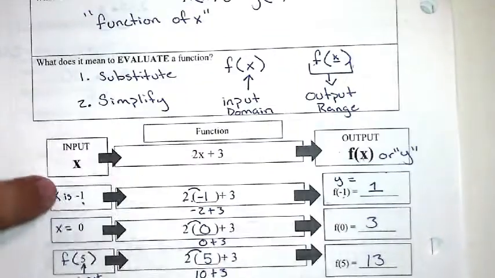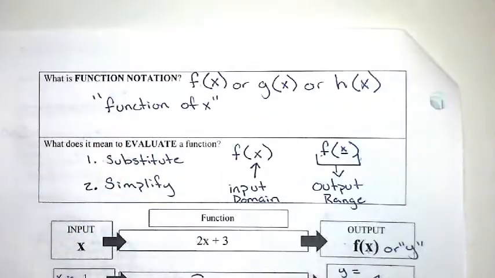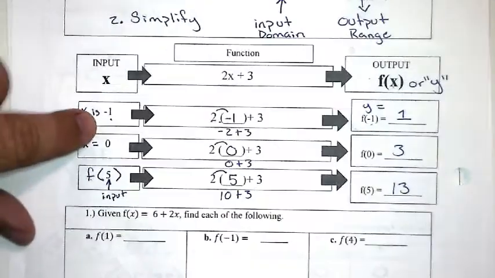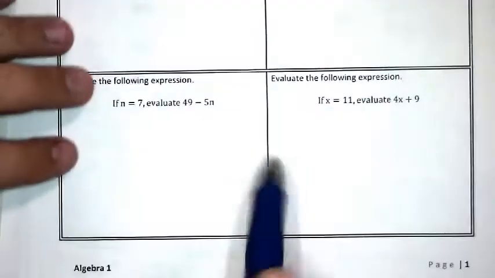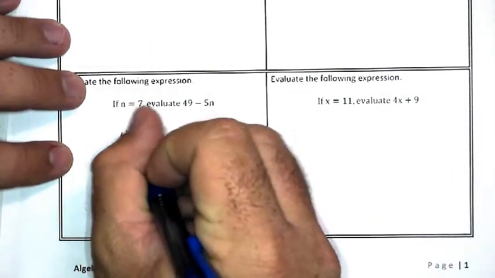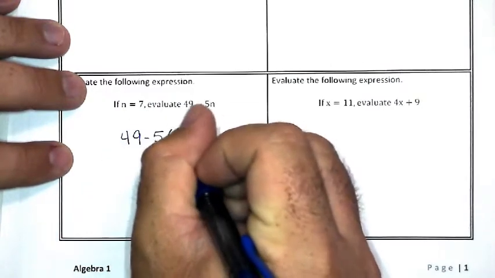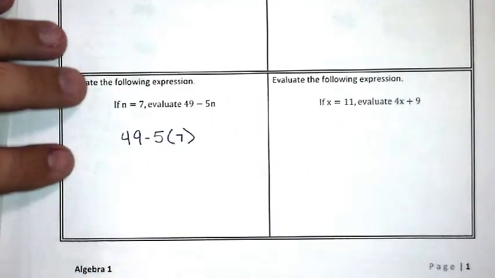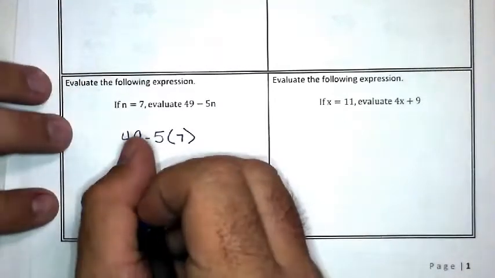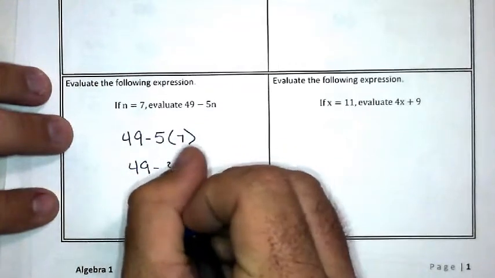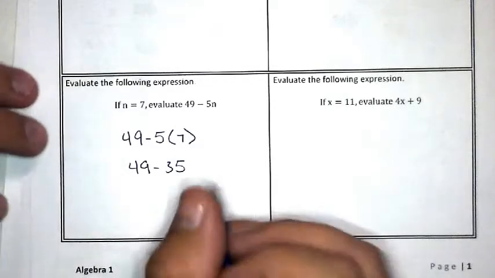Right here. X is negative 1. Here's your expression. Here's your expression. I substitute seven in for n, and I simplify. 49 minus 35 is 14.